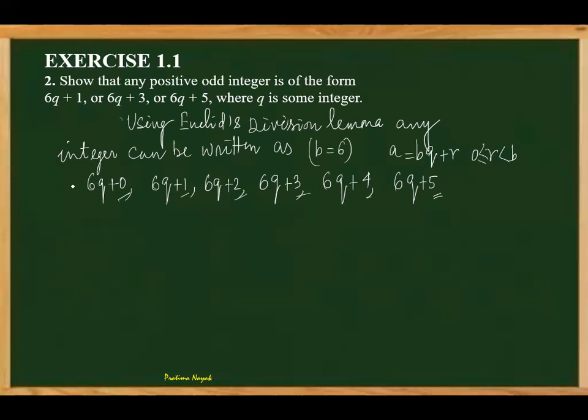So the integer is a. I'm not writing it. Maybe 6q, maybe 6q plus 1, 6q plus 2, 6q plus 3, 6q plus 4, 6q plus 5. So 6q is equal to 2 into 3q, so this is an even number. If 6q is even, 6q plus 1 is odd. If 6q plus 1 is odd, the next number will be even.